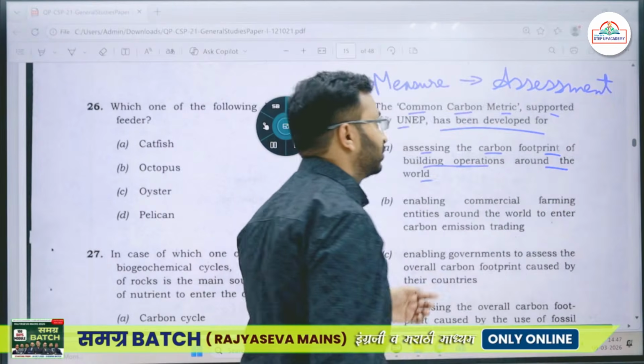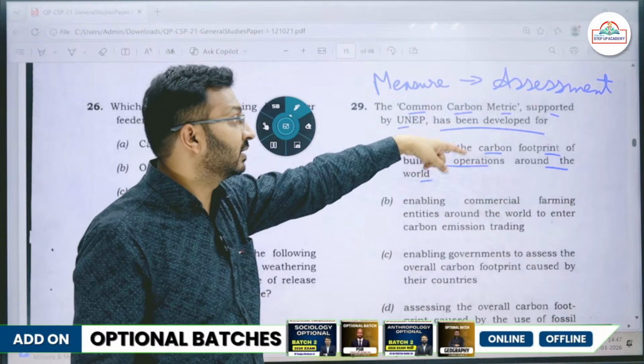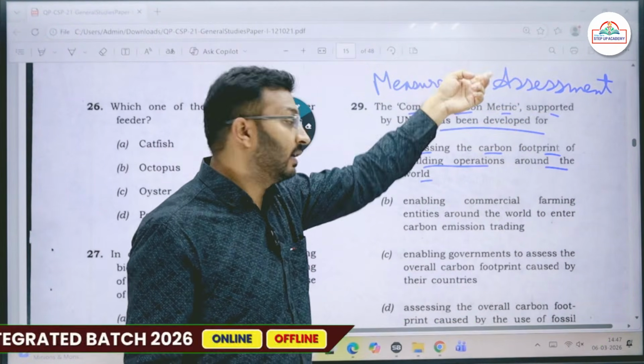Basically it means you should be doing assessment. There we saw the word endorse; here I am getting the word assessment. From metric, measurement, assessment.